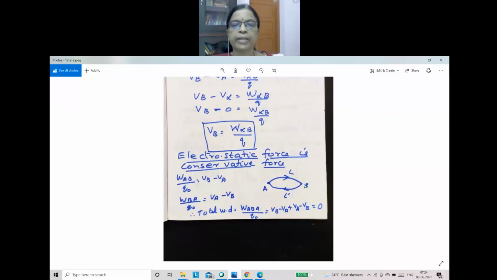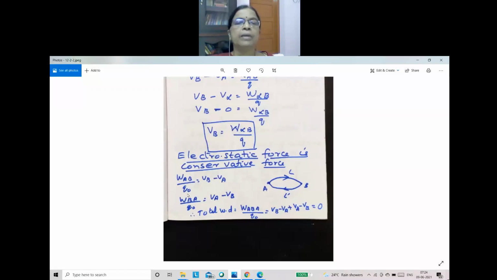But to bring it back against the electrostatic force, we have to do work. One work is done by the electric field, the other by the external agent. If we take the work done by the electric field as positive, the other must be taken as negative, so the sum will be 0.